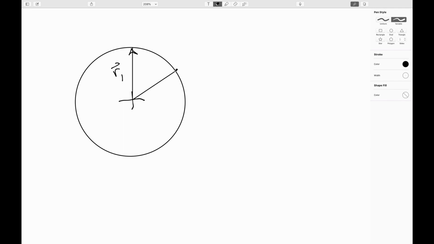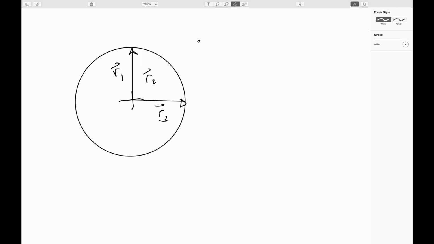Then sometime later, position R2. And an equal amount of time later, these should all be equal angles, position R3. Let's redraw that R2. That's looking a little sketchy. There we go. That's better. So again, I would like to find what the acceleration is.